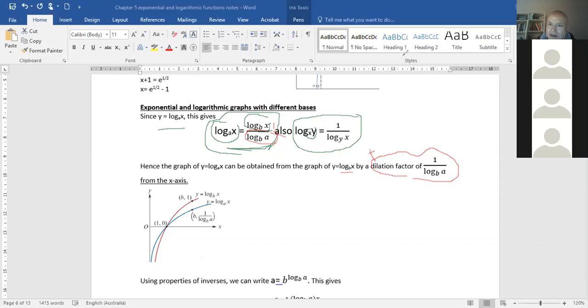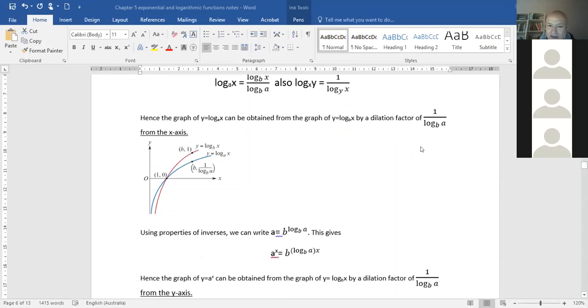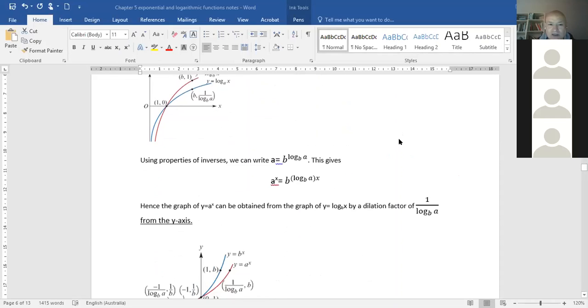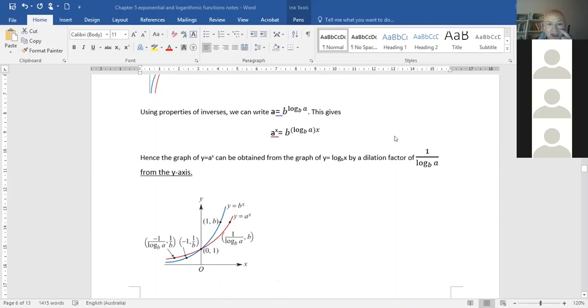Okay. Now, that's not as important as this other one, because this other one we're going to use as well. But using inverse properties, we can do this. If we've got a equal to b to the power of log b of a, that's the same rule. This and this are equal to each other because the b and the log b just equal 1.